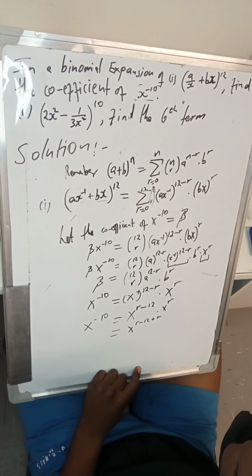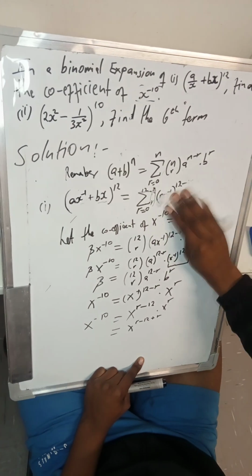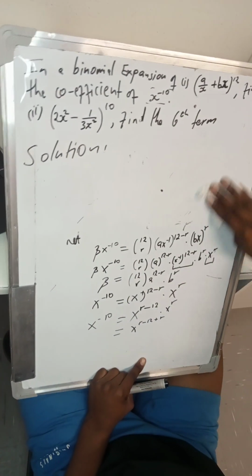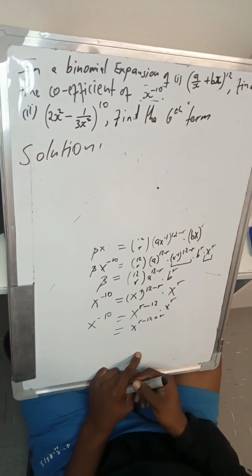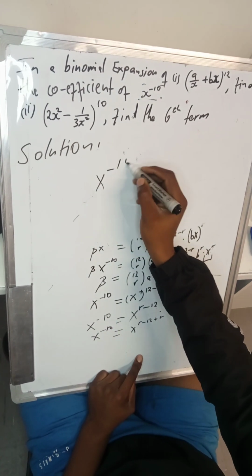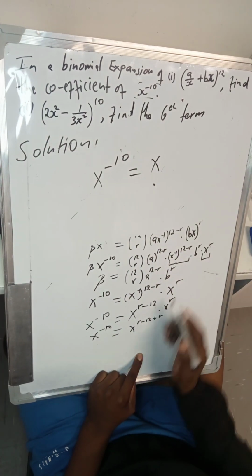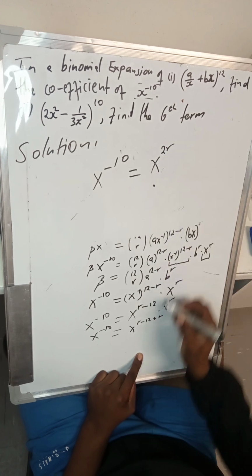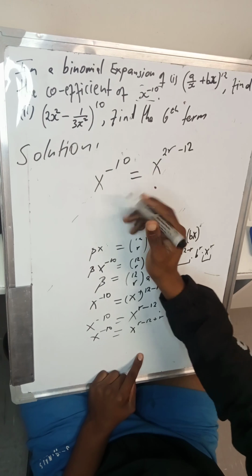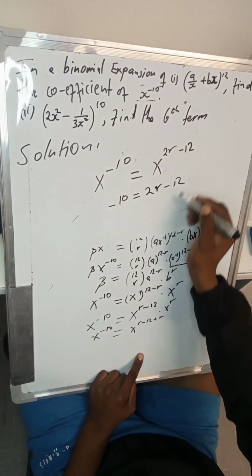Then I'll add these two. This is equal to x to the -10. So x to the -10 is equal to x to the r plus r, that's 2r minus 12. Now I will drop the exponents, then I have -10 equals 2r minus 12.